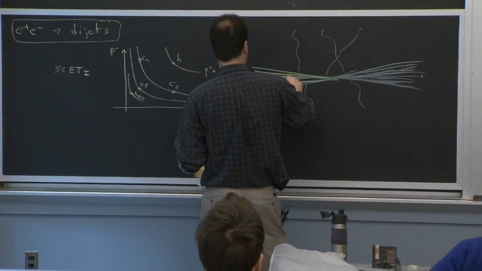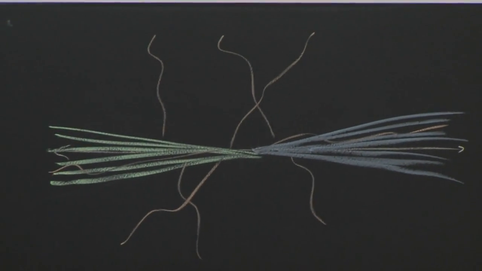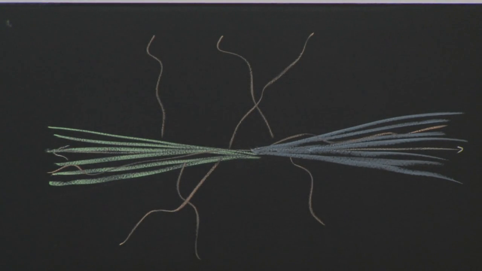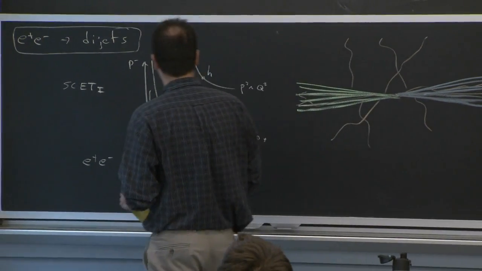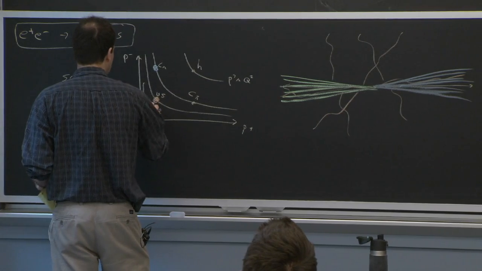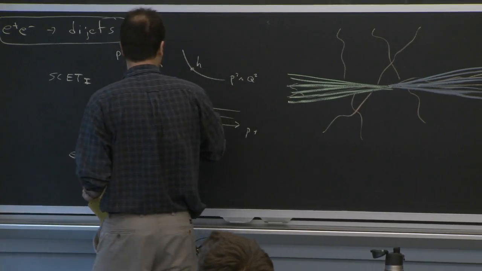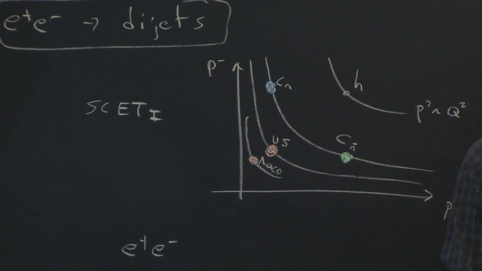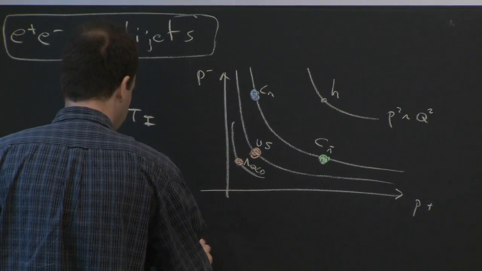There can also be soft radiation physically within the jets, but there's no directional dependence to the soft radiation. So say that this is blue. This and this so far are orange in my picture. This is green. And then there's some hard interactions which we've already sort of localized into a dot in this picture.